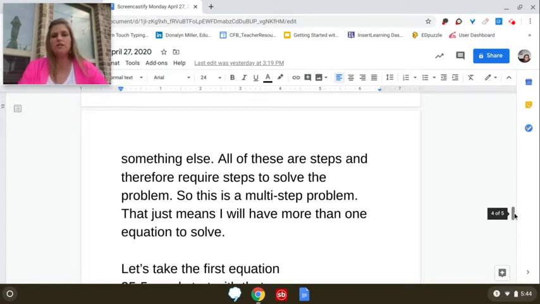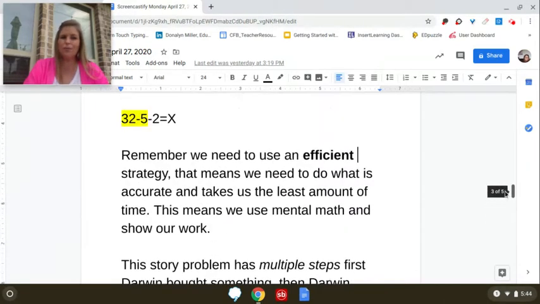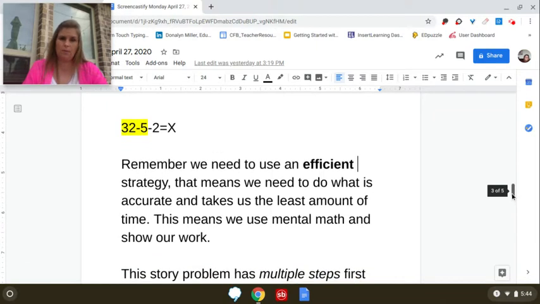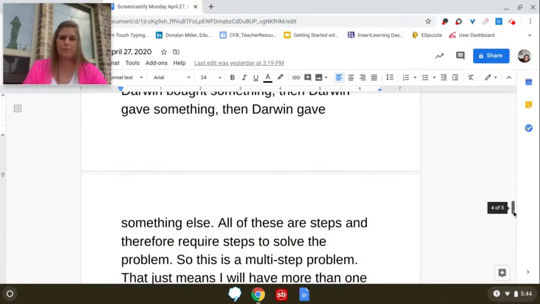And if you noticed up at the top here, I highlighted the 35 minus 5. I did that for a reason because that is our first equation. And I'm going to solve that equation, and then I'm going to replace this yellow area with whatever my solved problem is and subtract 2 from it. So let's do that.